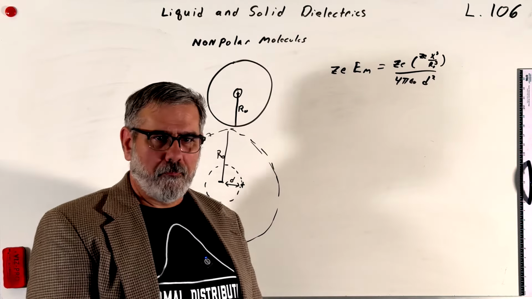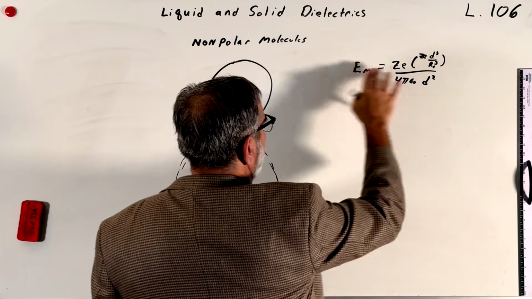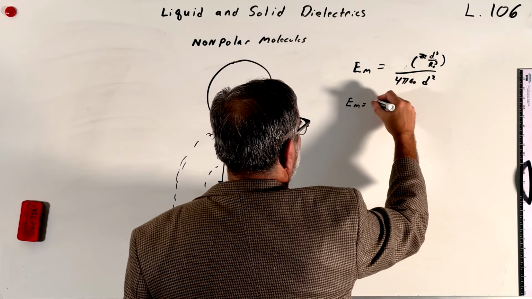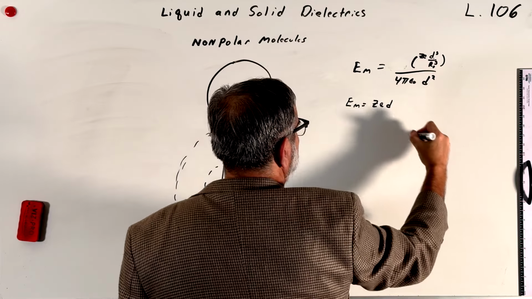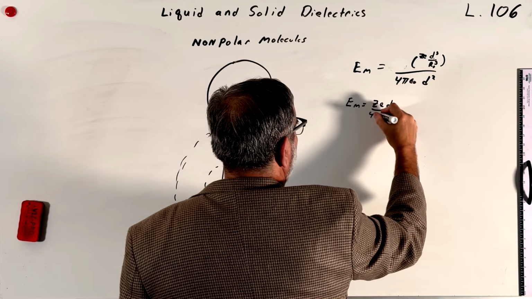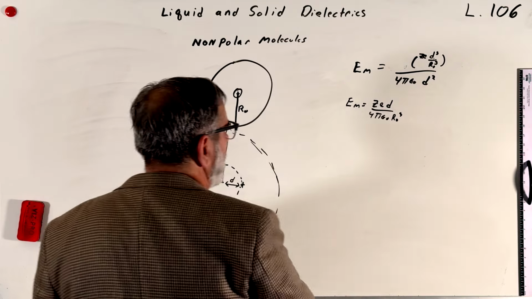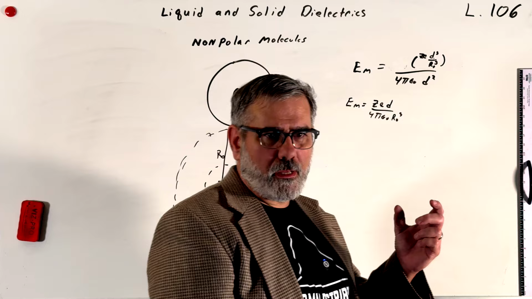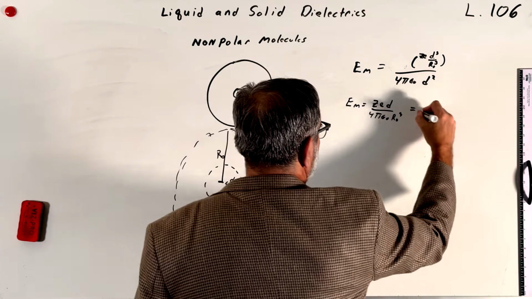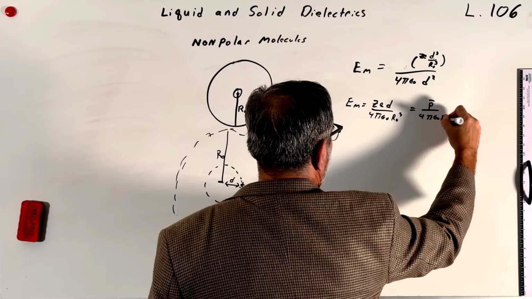You see? Okay. So these ZE's here will cancel, so we can get rid of those. I get E sub m is equal to ZE, that's the one that was left over. d cubed divided by d squared is just d, over 4 pi epsilon naught r naught cubed. But ZEd, that's just charge times this displaced distance, right? So that's the dipole moment. So that's equal to p over 4 pi epsilon naught r naught cubed.